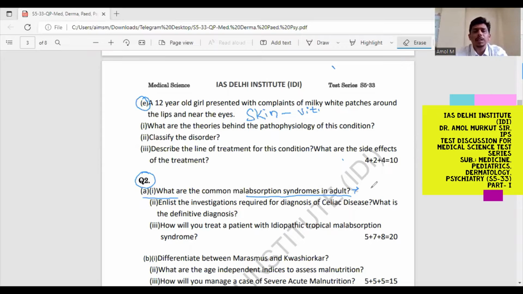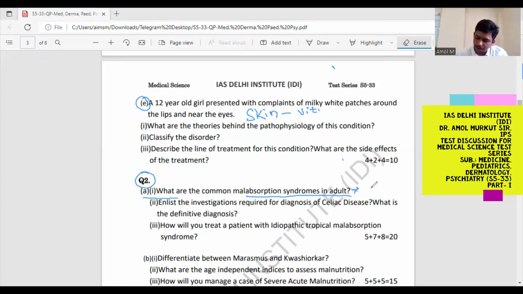Then what others? We can say deficiency of pancreatic enzymes, then deficiency of bile from the liver. Then atrophy, what we can say, damage to the intestinal villi. These are the common malabsorption syndromes.